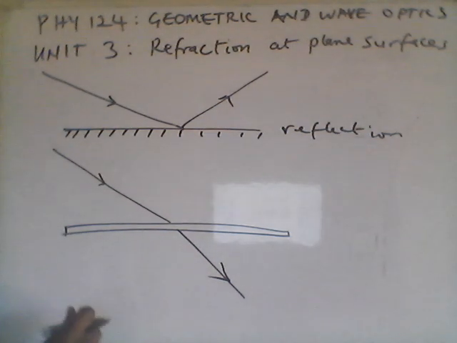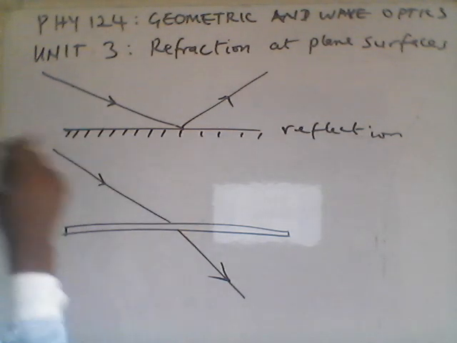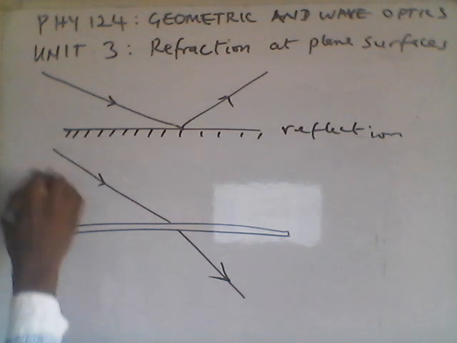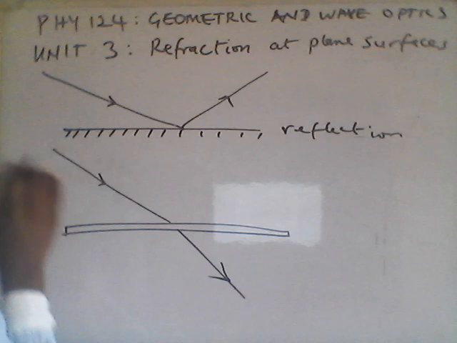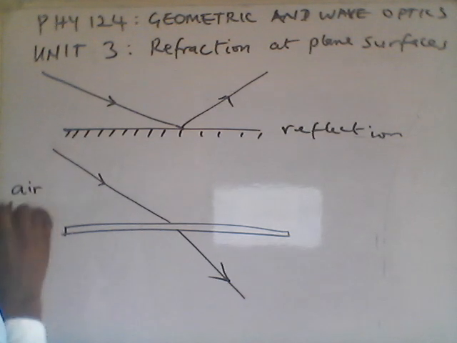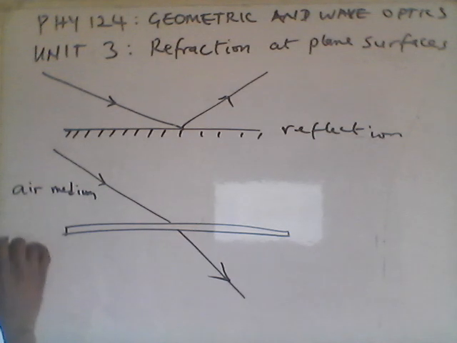Why? Because the medium is a different material. For instance, if the incident ray is coming in from this part, and you have an air medium at this part, and at the second part you have maybe a water medium.